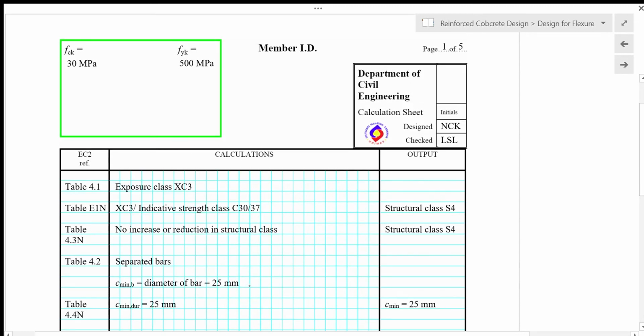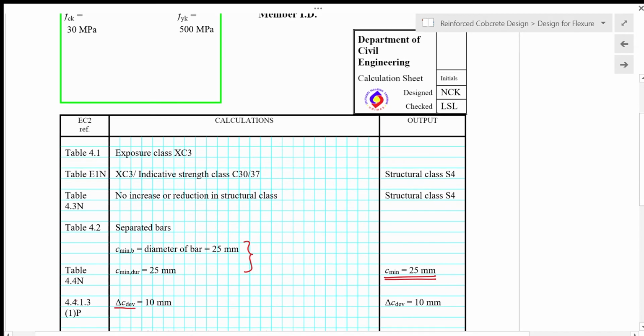So based on C min,b and C min,dur of 25 mm, then C min is equal to 25 mm because they are the same. And then based on clause 4.4.1.3(1)P of Eurocode 2, delta C deviation is 10 mm.